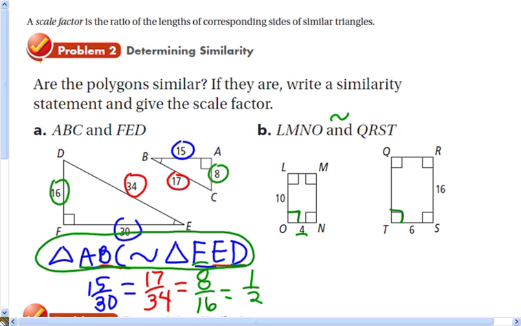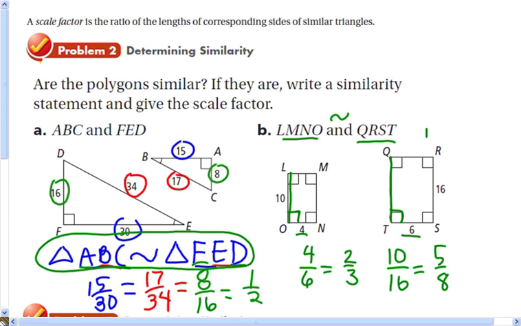ON corresponds to TS, so that ratio is 4 over 6, which simplifies to 2/3. And then the other ratio is LN to RS or QT, since both sides are the same. So 10 over 16, which simplifies to 5 over 8. And 2/3 is not equal to 5 over 8, so we're going to say that these are not similar.